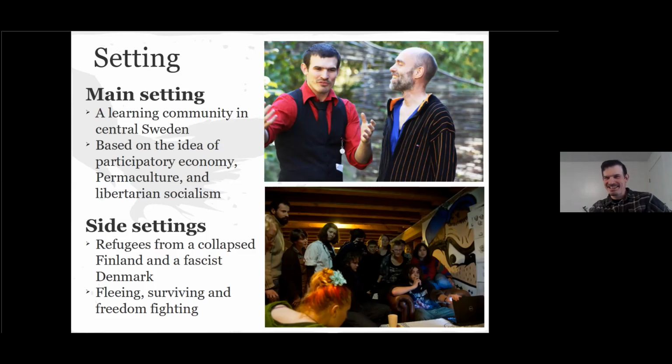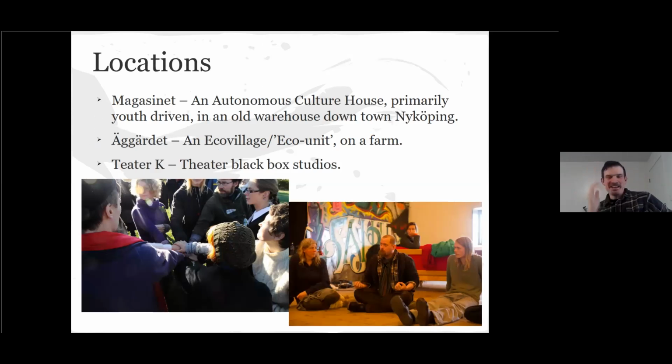and well dressed. So the locations were, and these are the real world locations, Magazine, an autonomous culture house that exists, primarily youth driven, as it says here, in this old warehouse in Nyköping, where these kids were occupying a different building until the city said, okay, you can have this old building to have a culture house in, and here's money because you're in Sweden and you're doing culture.